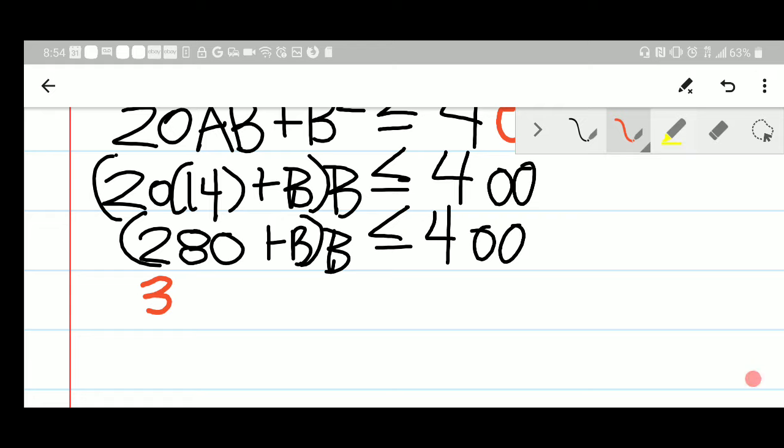So you estimate, and so you kind of look at it like that. And so 3 times 1 would be 4. 3 times 2, you'd overshoot if it's 4. So let's try 3.